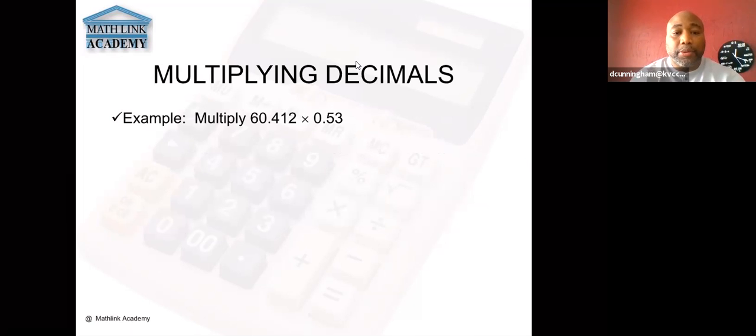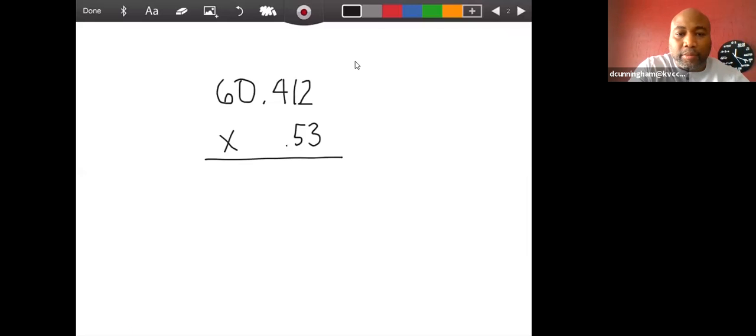This is our example. Let's go to our whiteboard to show how to do this particular example. Notice what I did. I put it vertically so it'd be a lot easier for me to multiply. Again, it's like multiplying whole numbers. So we want to start with the 3 on the bottom here.